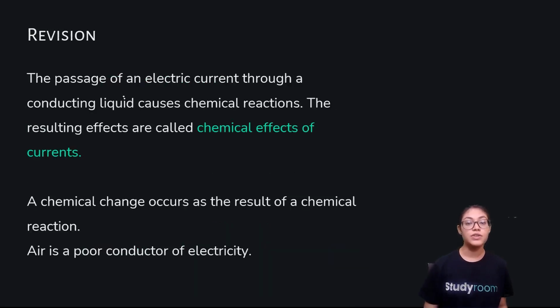The passage of an electric current through a conducting liquid causes chemical reactions. The resulting effects are called chemical effects of the current. A chemical change occurs as the result of a chemical reaction. Air is a poor conductor of electricity.